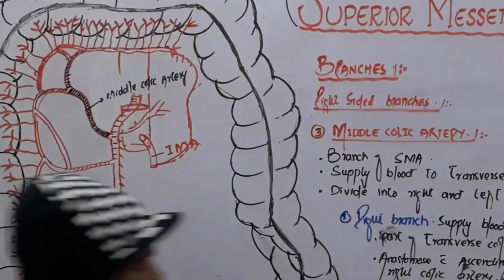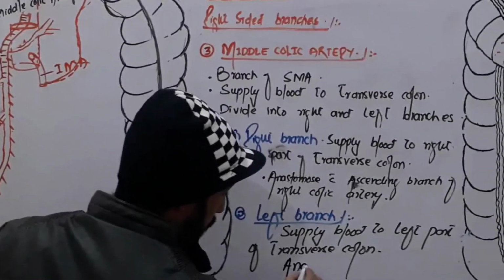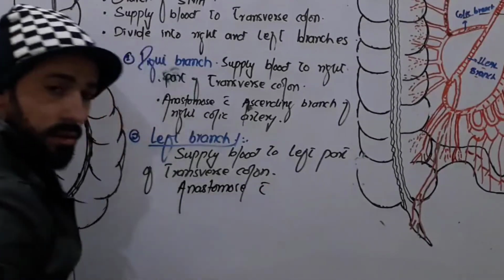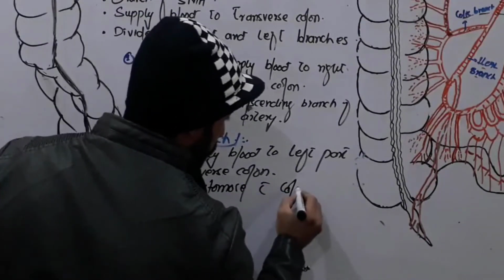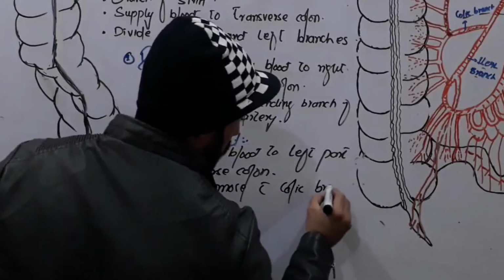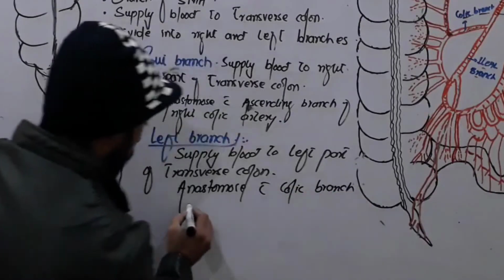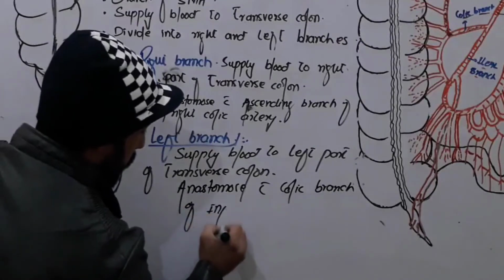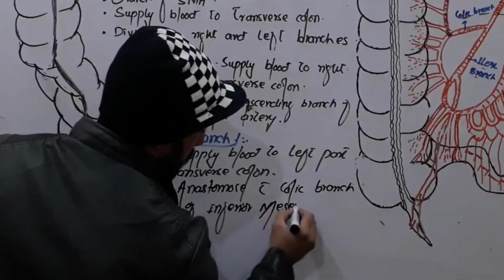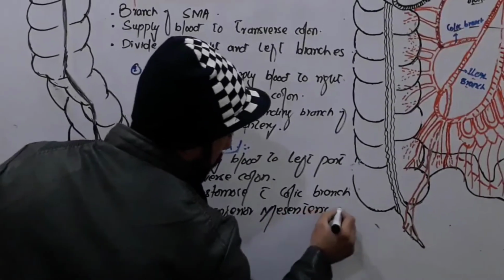So we say that it anastomoses with the left colic branch of the inferior mesenteric artery.